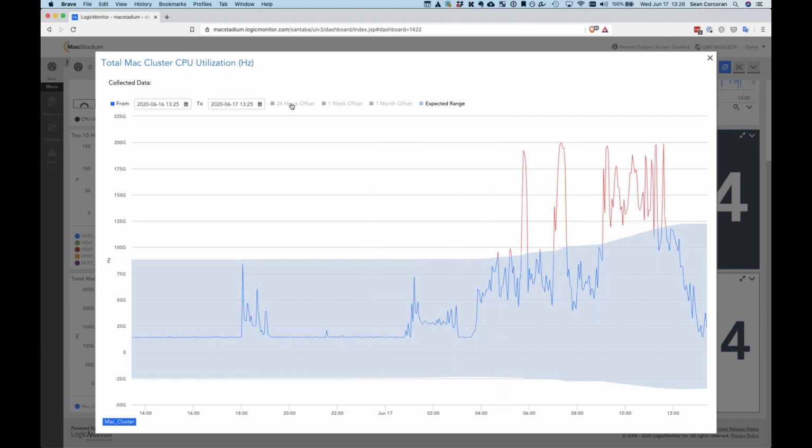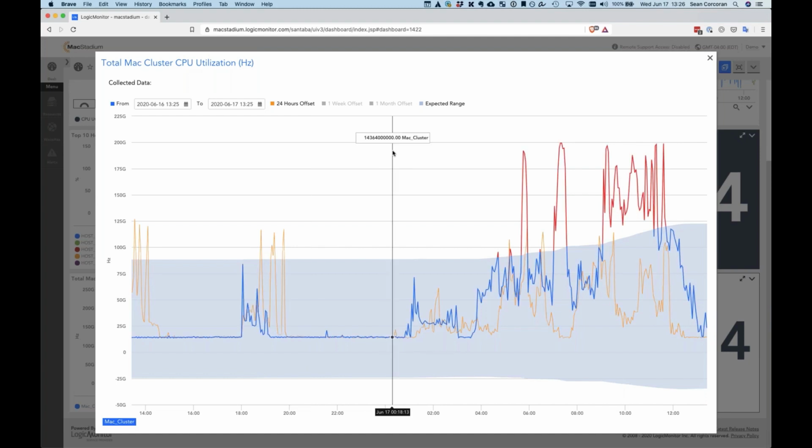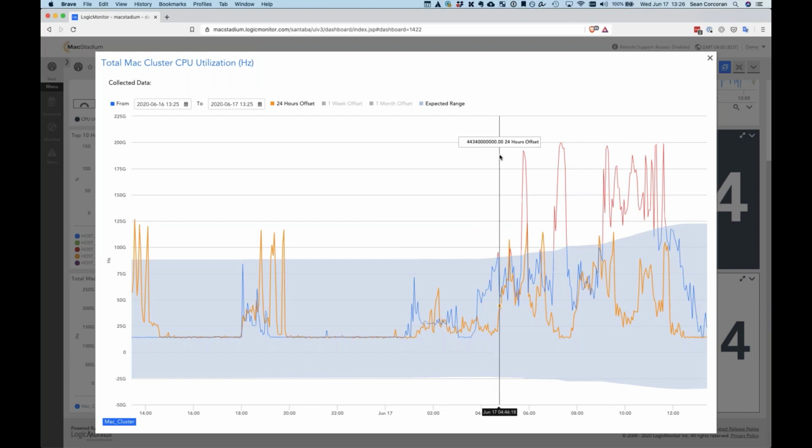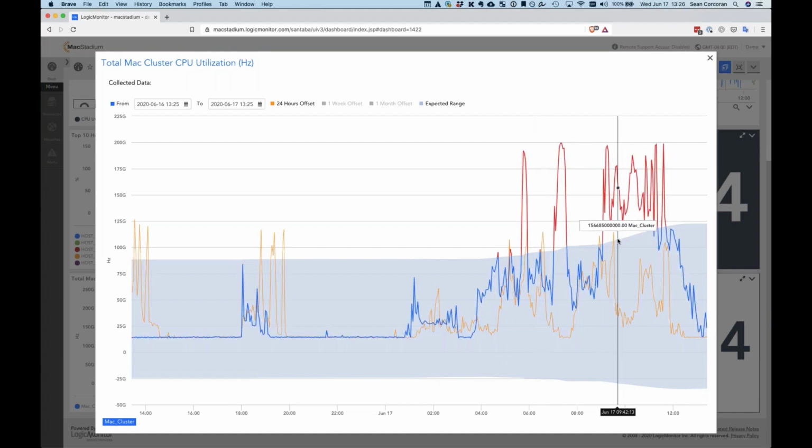The other interesting thing that you can do with this information is compare it to a 24-hour offset. So yesterday, what was I doing at the same time that I'm doing today? We've used this a number of times to help customers understand their consumption and also to try and predict what they'll need in the future going forward. So if it's not clear, the orange bar represents the CPU consumption that occurred in the last 24 hours.